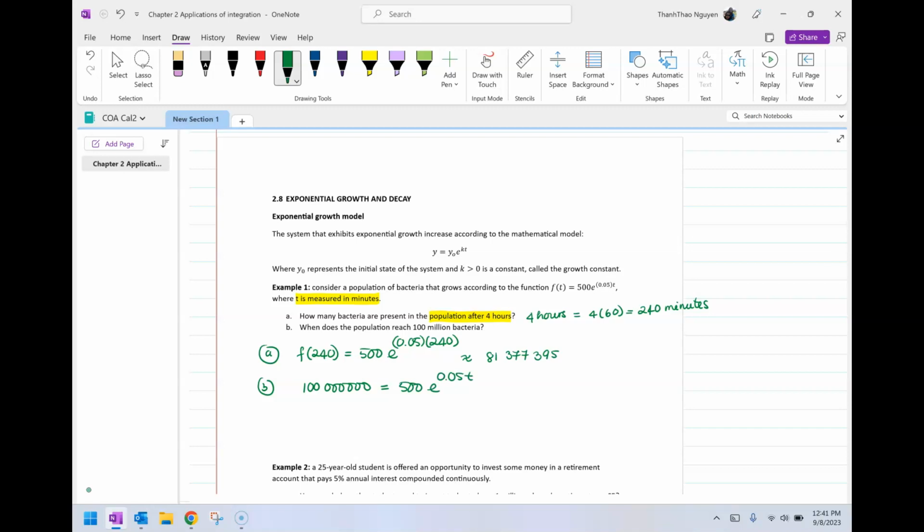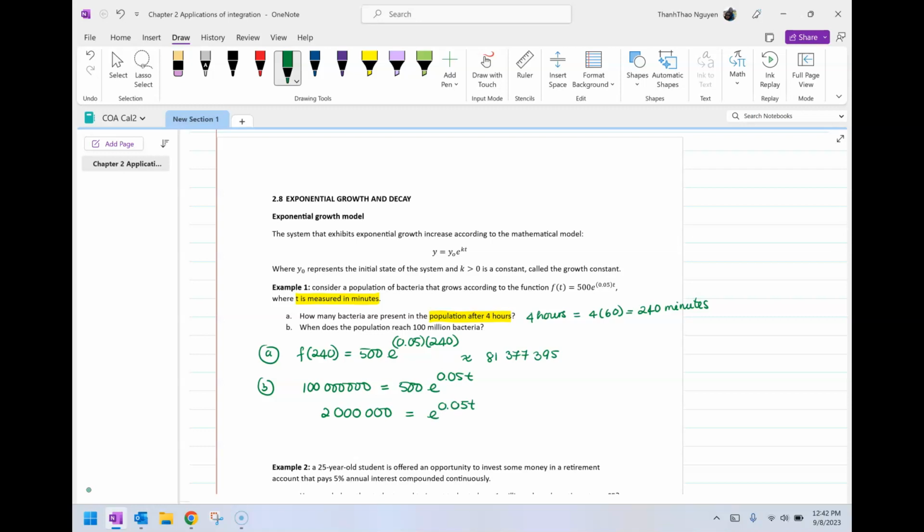Divide both sides by 500. We get 200,000 equals e to the 0.05t.